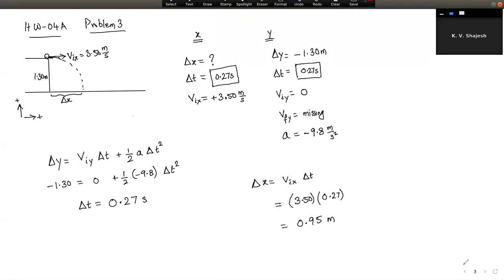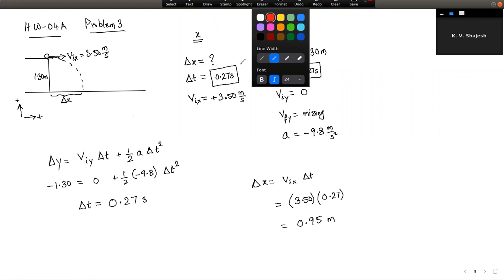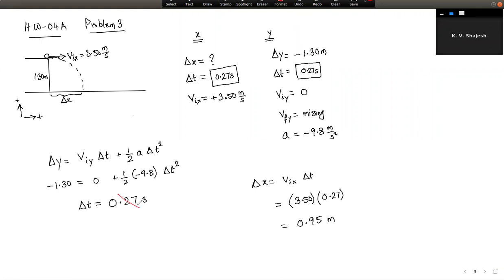So there's a small error in this number, so let me correct this. That's not correct. So that's 0.52 seconds.